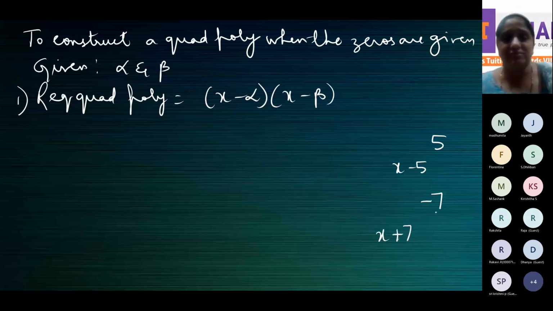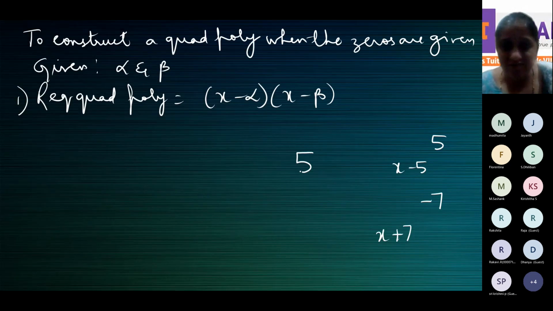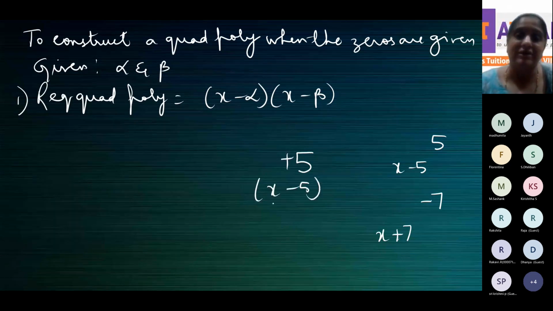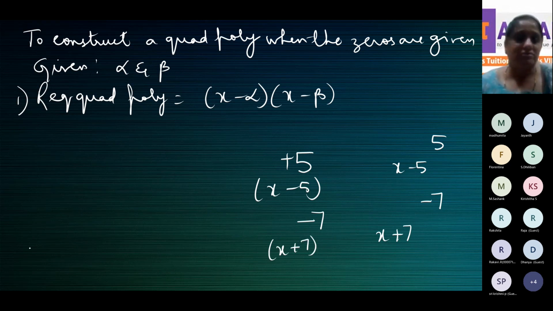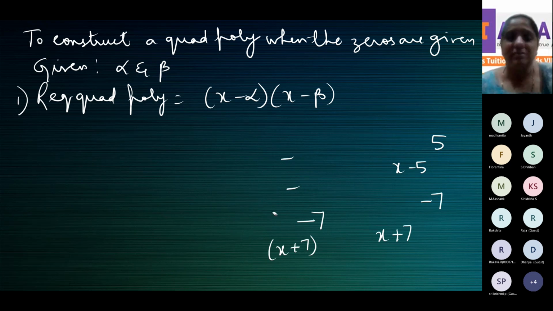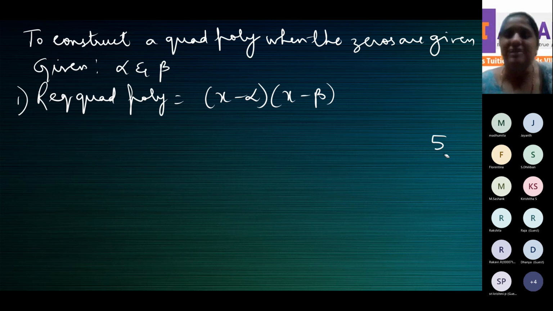Change the sign. Similarly, if alpha and beta are the zeros, then x minus alpha and x minus beta are the factors.